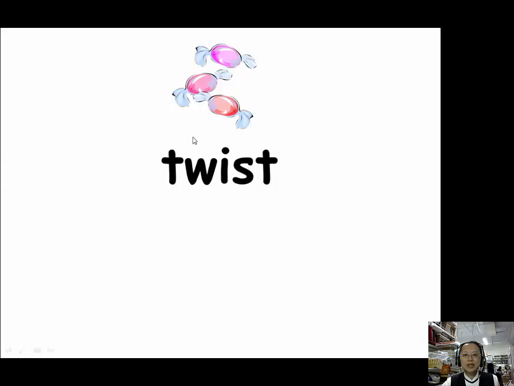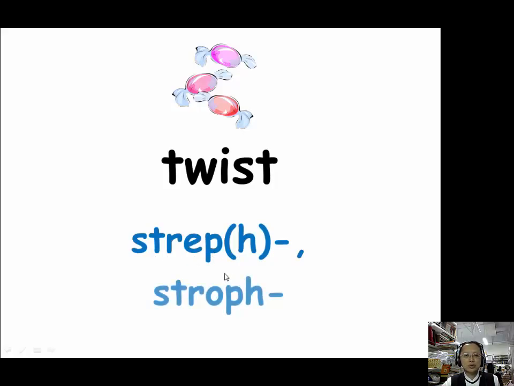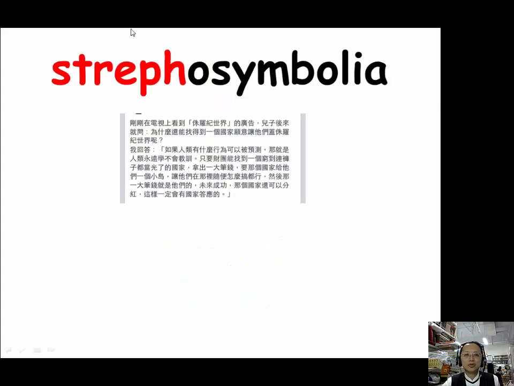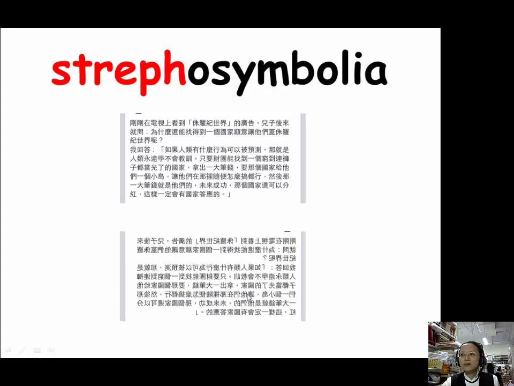For describing things that are twisted, we use two prefixes, streph, S-T-R-E-P-H, or stroph, S-T-R-O-P-H. Our example for streph is strephosymbolia. Strephosymbolia is a tendency associated with word blindness to see twisted or inverted certain similar letters, such as B and D, when reading, like in this picture.